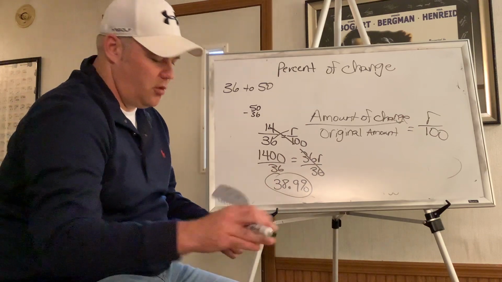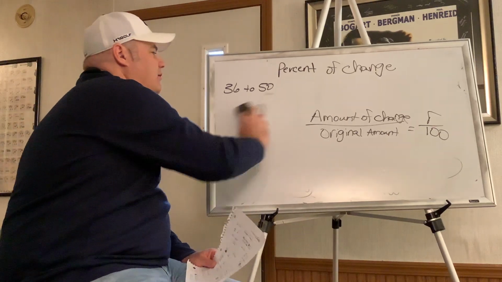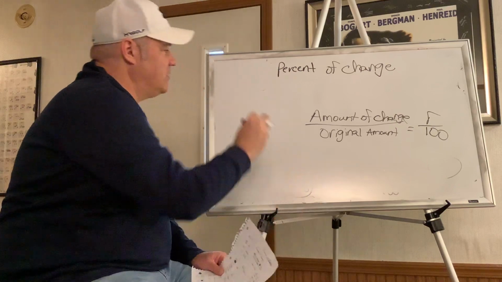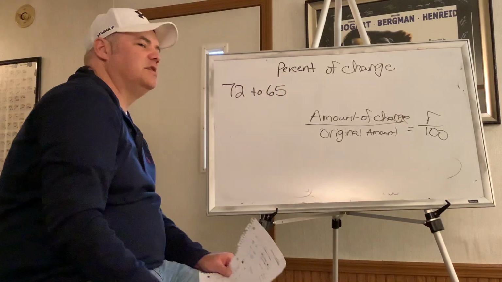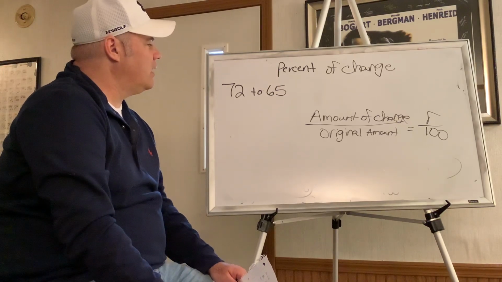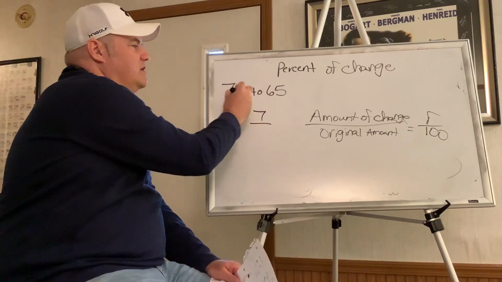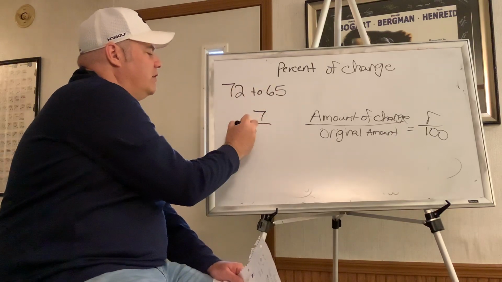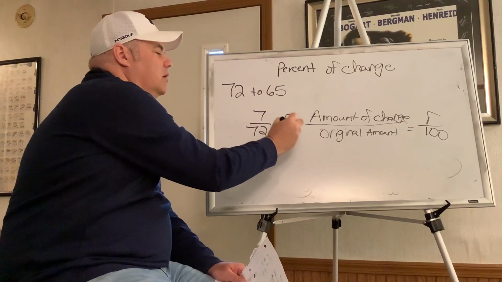Okay, let's do one more, a decrease one. Let's say you were going 72 miles per hour and you saw that special car up ahead and slowed down to 65. The amount of change is 7. So 72 minus 65 over the original amount equals R over 100.